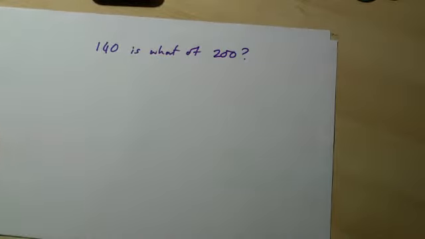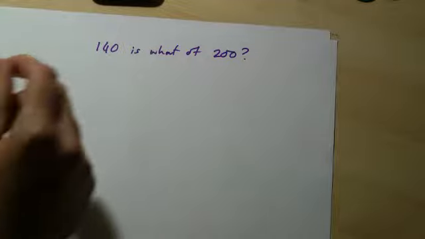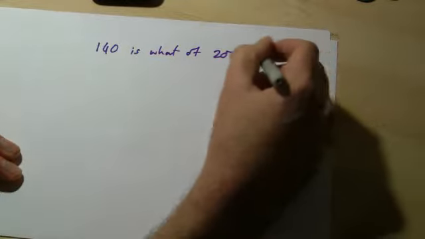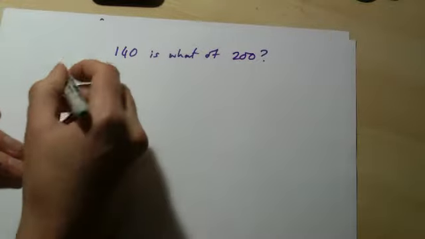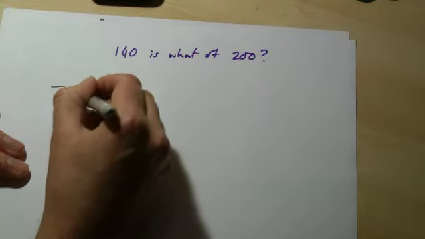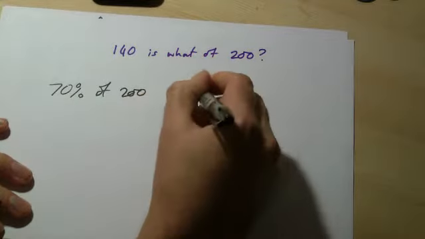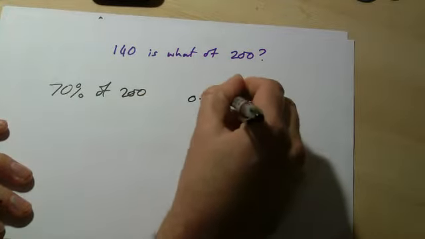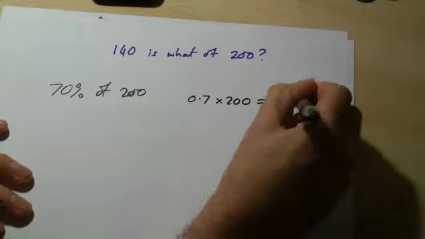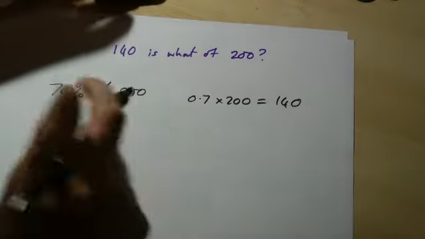You possibly can, but let's see if we can do it mathematically. If we go back to just what we did then, the answer, by the way, is 70%. But let's just work it backwards and see how we could do it. 70% of 200, so let's do the math, 0.7 times 200 equals 140. Yep, it's just what we did before.